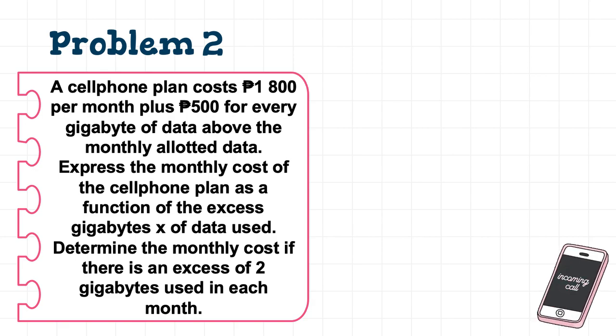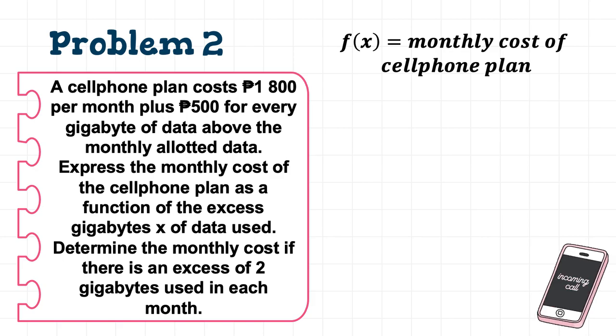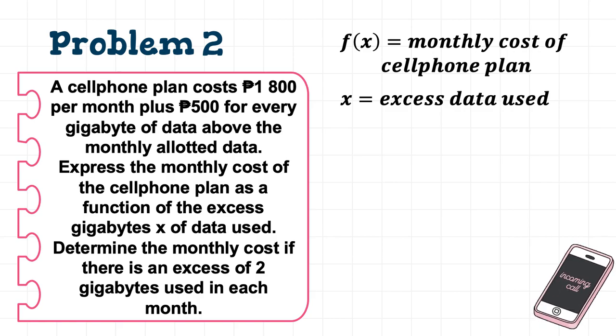So again, here, our f of x will be the monthly cost of the cell phone data. And the x will be, of course, the excess data used. So here, as in the given problem, the constant will be the cell phone plan, which is 1,800. So it will only differ on the number of excess gigabytes of data that you're going to use per month.